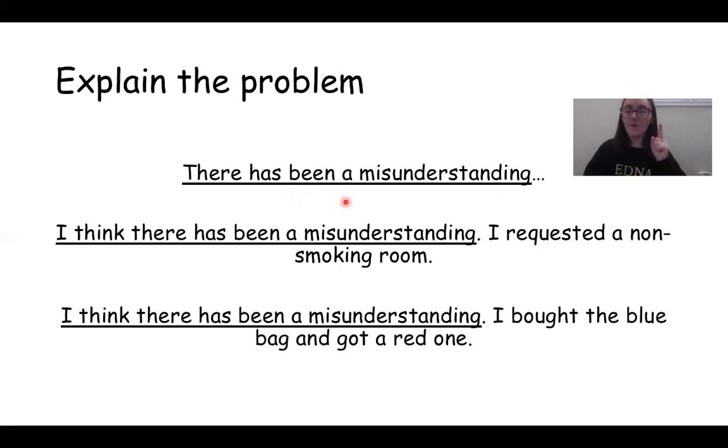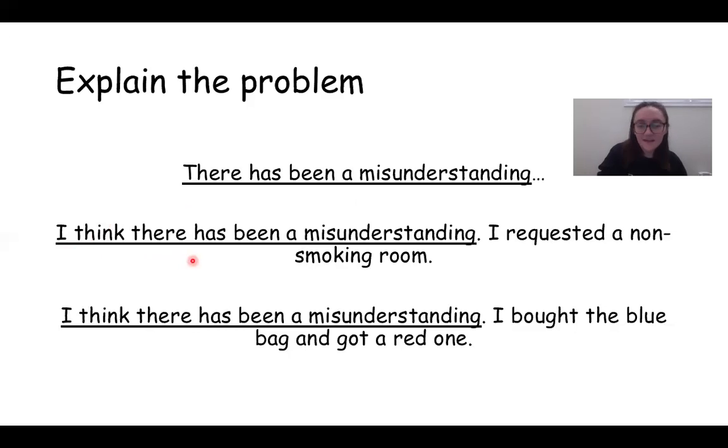It's not saying, oh, it's your fault, or, oh, it's my fault, because a lot of times it isn't your fault, right? So when you say, oh, there has been a misunderstanding, it's a sneaky way to not blame anybody, but it also lets the person know that something's wrong and it needs to be fixed, right?